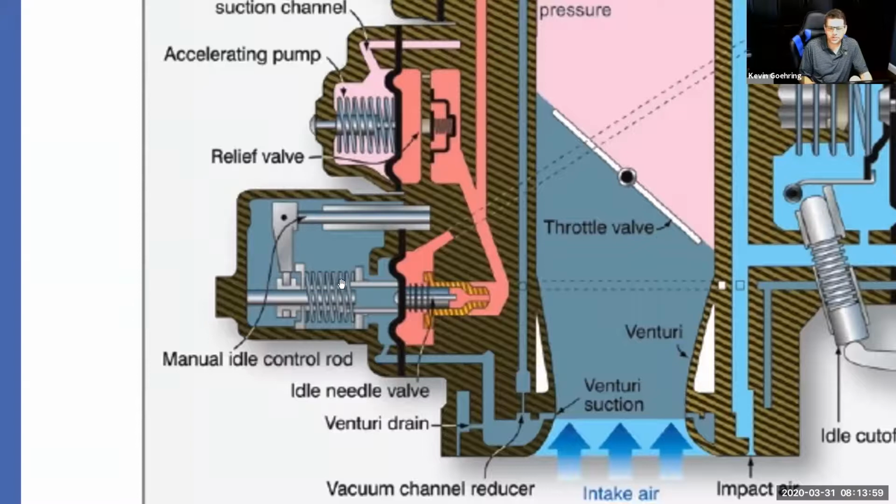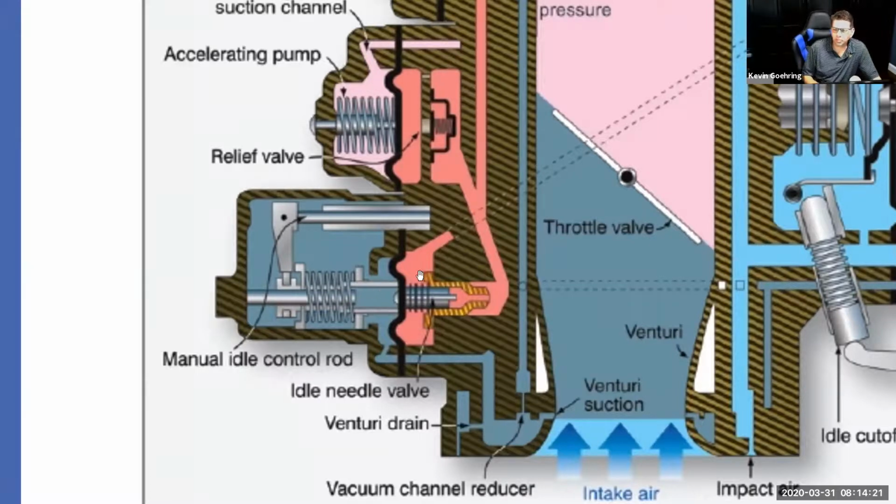And in addition to spring pressure, we have vacuum and fuel pressure here. So there's a certain amount of adjustment or control that you get manually with this. And the rest of it's going to come from fuel pressure pushing this back, in addition to Venturi suction pulling it back.